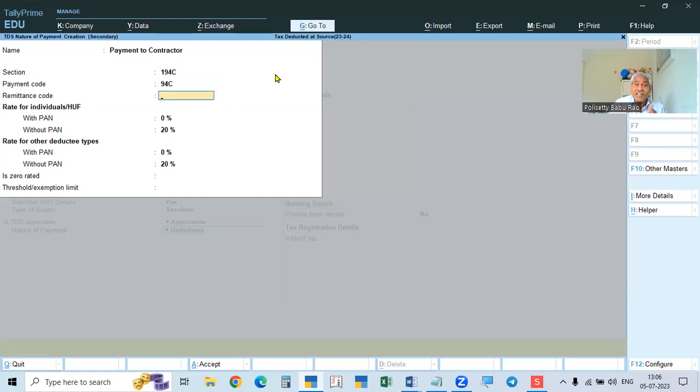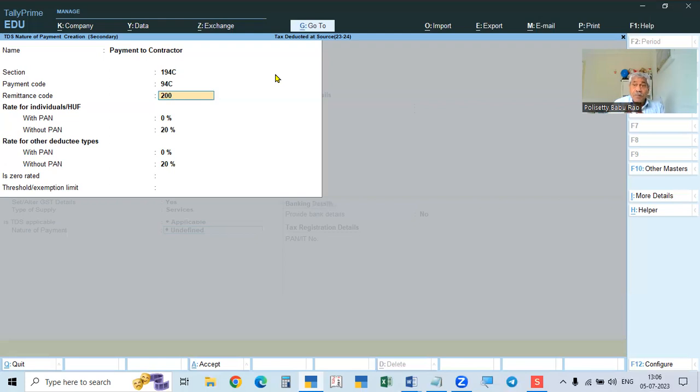And remittance code, there is another code. This is the payment code, and the remittance code is how and where you are remitting. If we are remitting by ourselves, without anybody asking, we are deducting and making the payment, the remittance code will be 200.